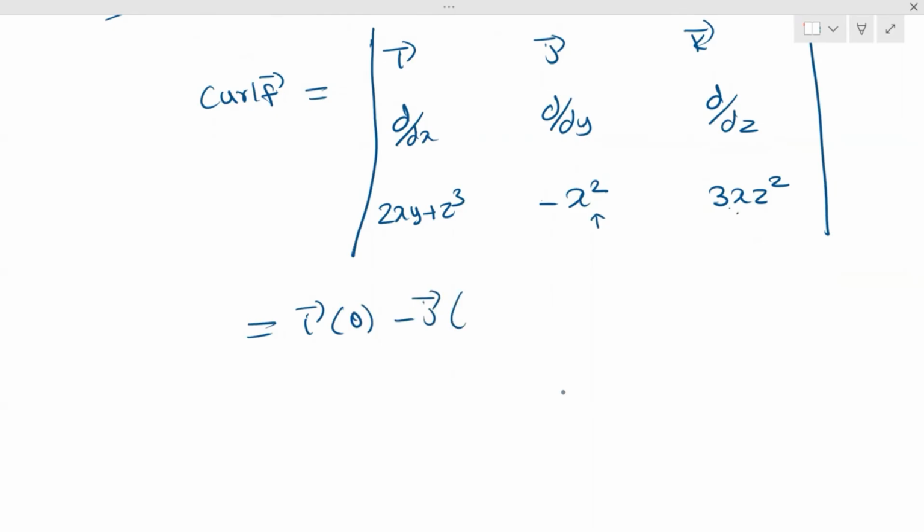So what is that? We will get 3z square. Minus dou by dou z of this one is 3z square. Plus k vector into minus 2x. Okay. Dou by dou y of this one is also, we will get minus 2x. So it may be plus x square.